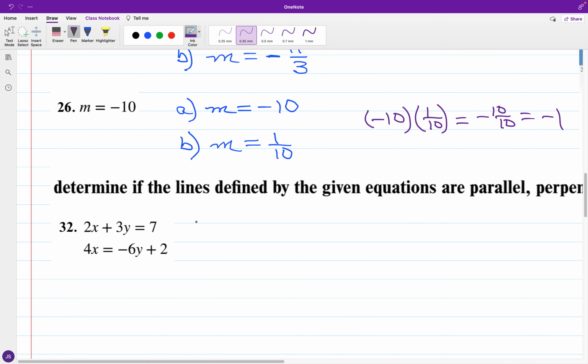And for what we have in the case of 32, we have two lines. The first one is 2x plus 3y is equal to 7. And for the other line we have 4x is equal to -6y plus 2.